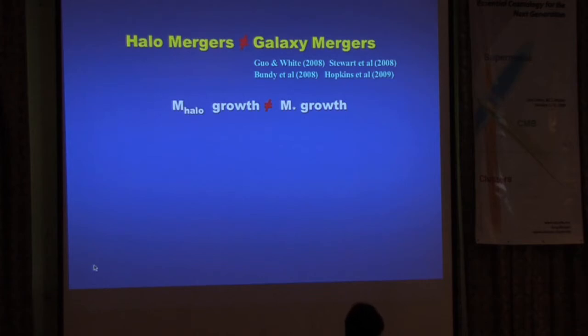I just want to mention that one key difference between galaxy merger and halo merger is that for halo merger, you saw a very weak mass dependence, sort of power law time dependence per gigayear.